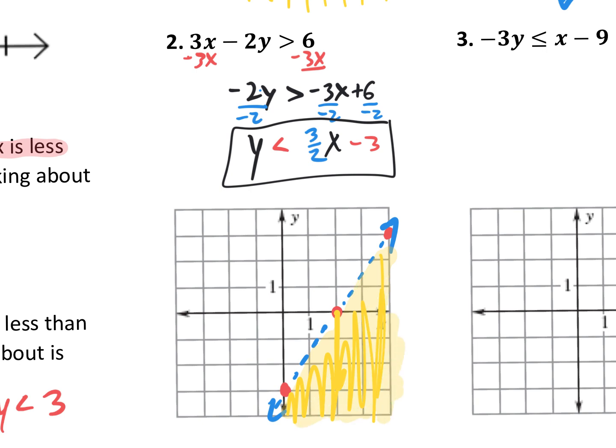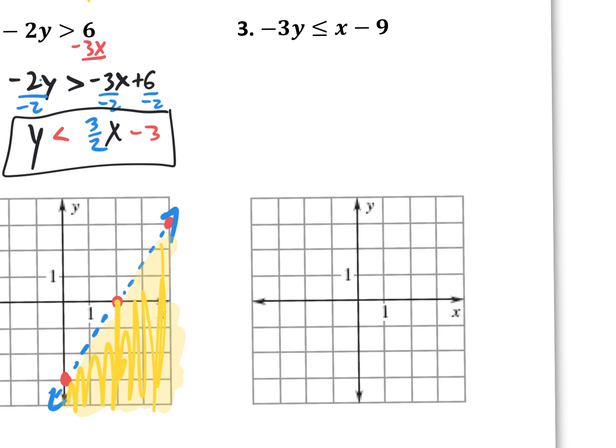Anyway, number 3, I want to get y by itself. What do I do? I divide by -3. Keep in mind that there's an invisible 1 in front of the x. So your new slope-intercept form inequality is y is what? Less than or equal to or greater than or equal to? I change it, right?